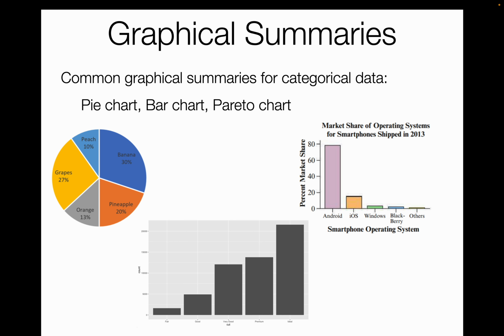But if I changed ideal to the center, very good and premium beside it, and then good and fair on the other side of it, you could very well say that data is symmetric. So if I just rearrange the bars, it might look symmetric, and the plot is just as valid as it was before. A very long soliloquy there.